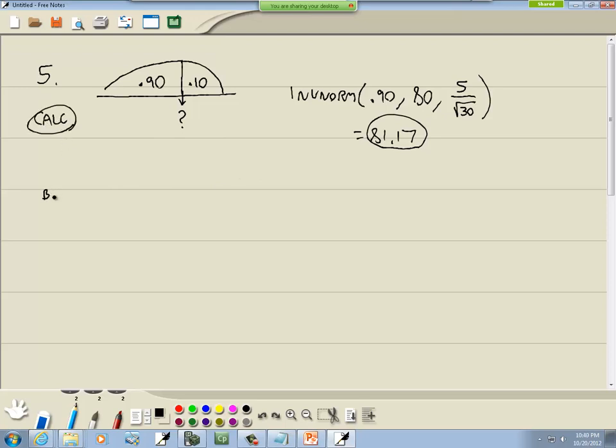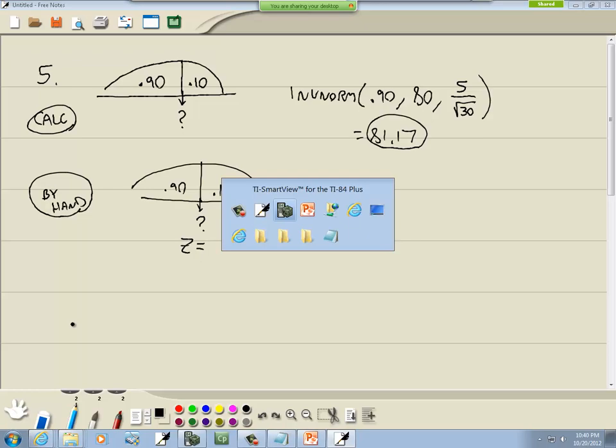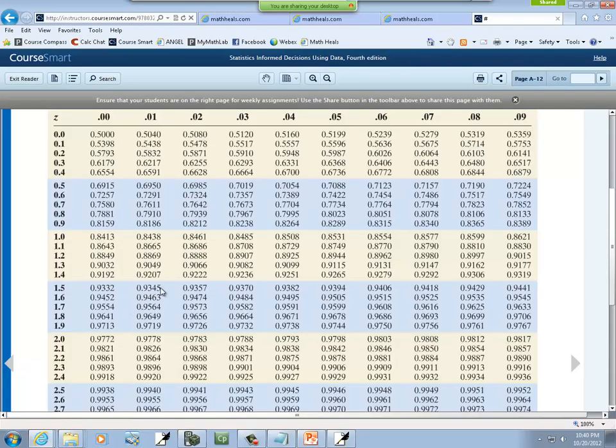Okay, now let's look at it by hand. Well, if they give us this, that's 10%, this is 90%, and we're trying to find this value right here, we're going to go look it up on our table. Hopefully I remember how to do this by hand.